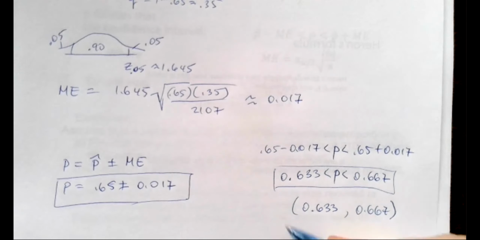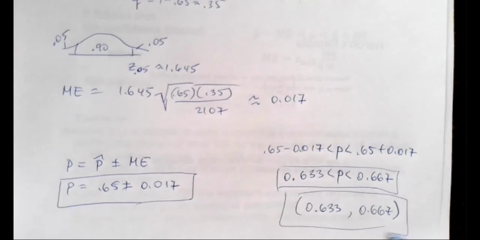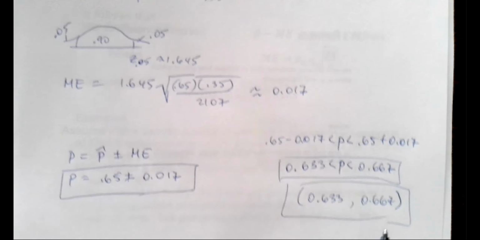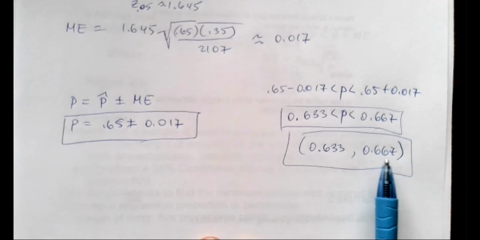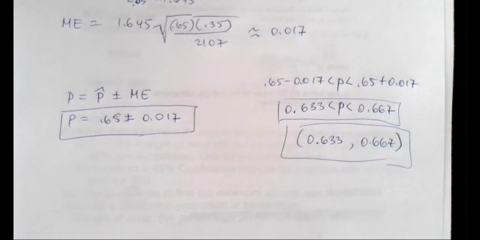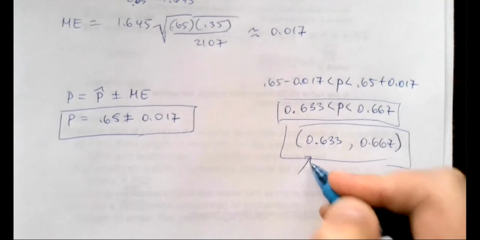By the way, this left value, 0.633, is called the lower bound of the interval, and the upper value, 0.667, is called the upper bound of the interval.